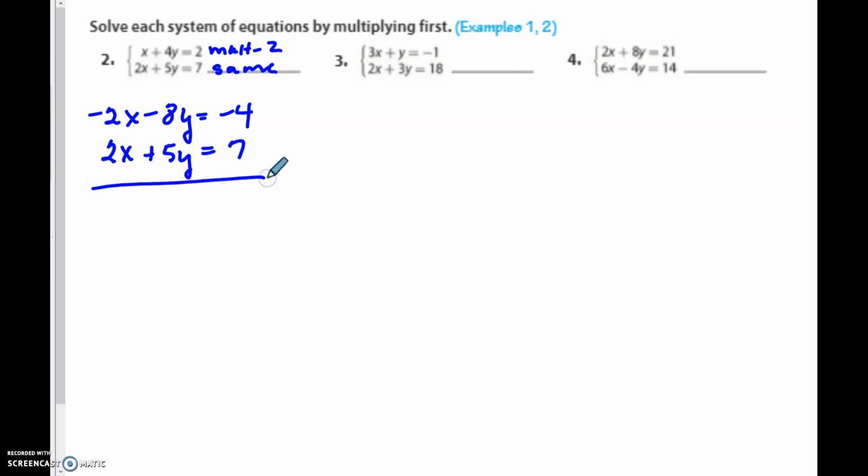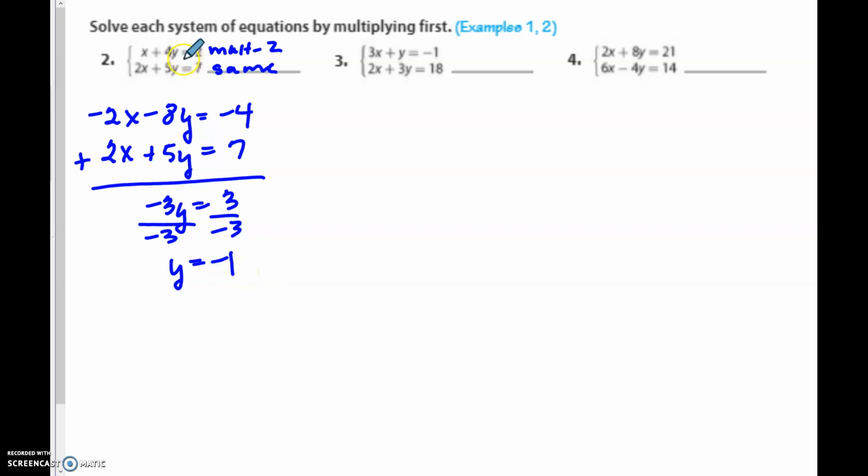All right, so now when we add these two up, the whole point of me doing that was for those x's to cancel out. And -8y plus 5y is -3y, and -4 plus 7 is 3. So now when I divide by -3, y is -1.